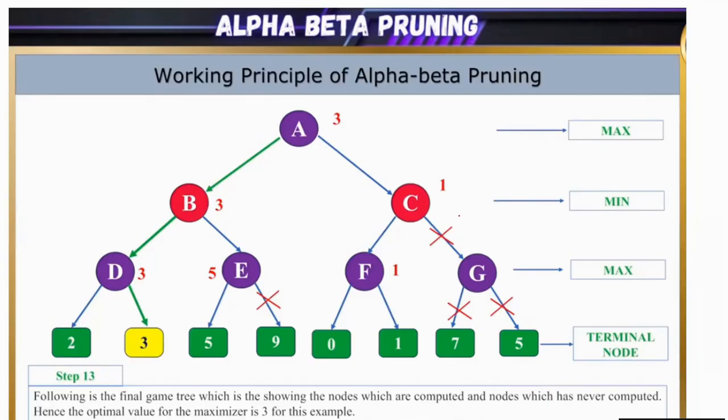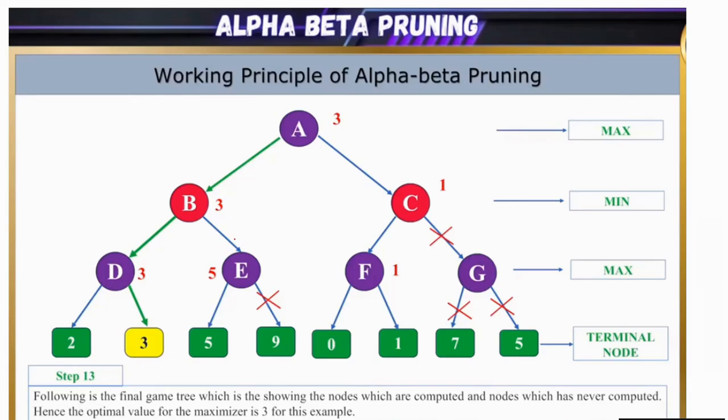We can't go because this subtree is completely gone, right? So from A, I can go to which node? I can go to B. Then from B to D and D to this. The following is the final game tree, which is showing the nodes which are computed and the nodes which have never been computed. Hence, the optimal value of the maximizer is 3 from the algorithm.